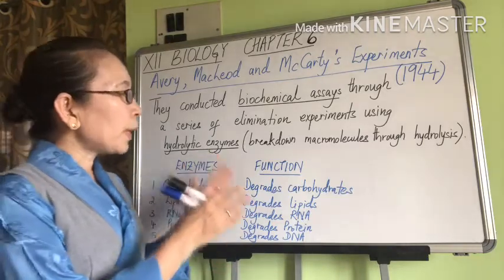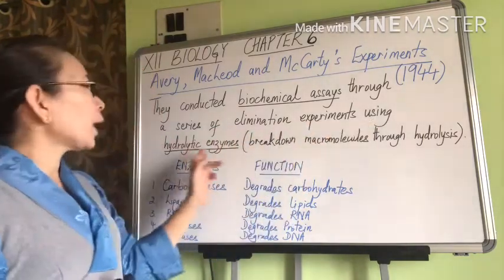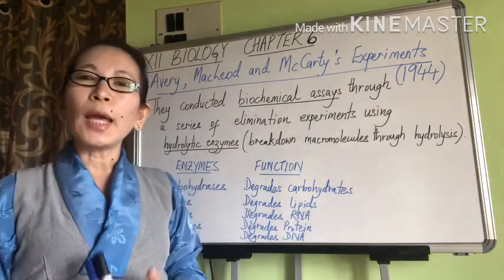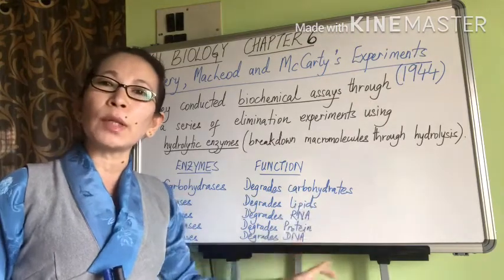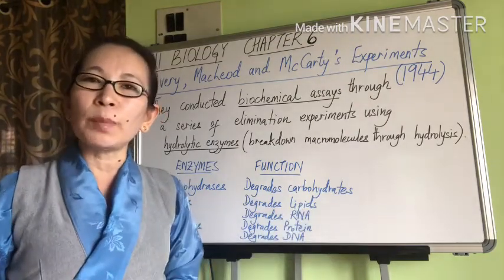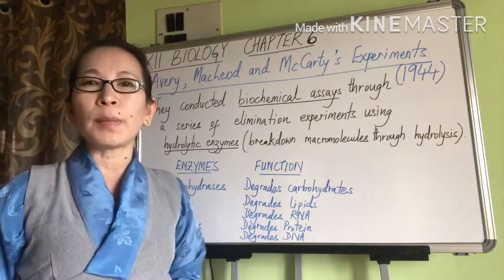So the basic theory behind these elimination experiments was that elimination or destruction of a potential transforming material from the heat-killed S strain bacteria would prohibit transformation of R strain bacteria.